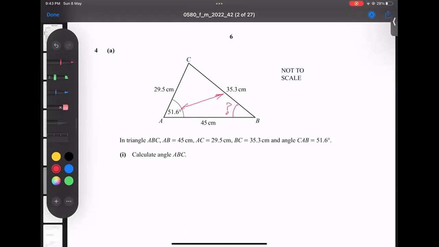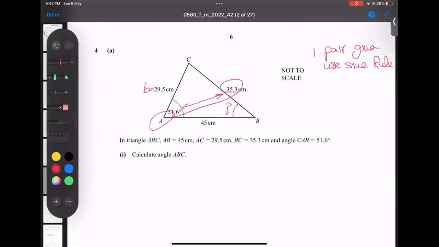Whenever one pair is given, one pair meaning opposite side and angle, we always use the sine rule. And when one pair is not given, then the cosine rule. So what is my target? Angle B. So what is the formula I will use? In front of angle B, this is called small b.